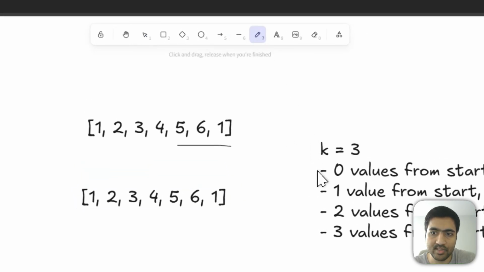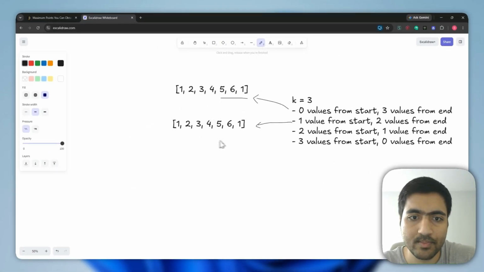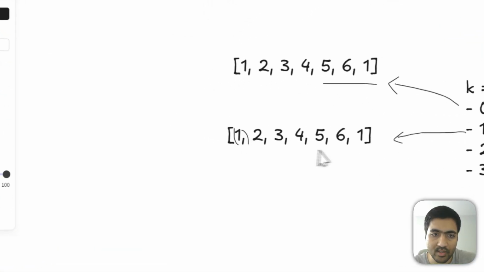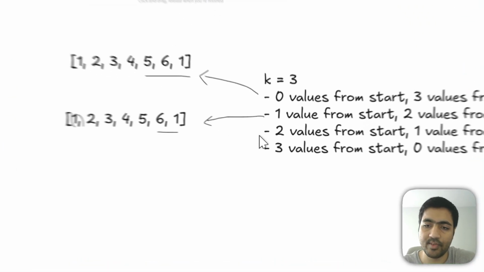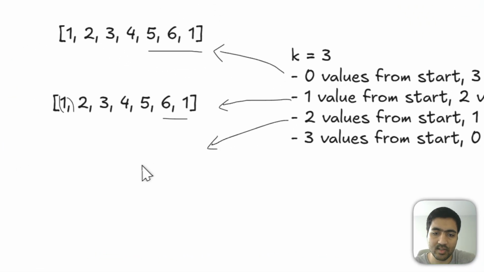So this case matches this one, and the second case matches this one, the case that says 1 value here and 2 values from the end, and the third case matches this one.